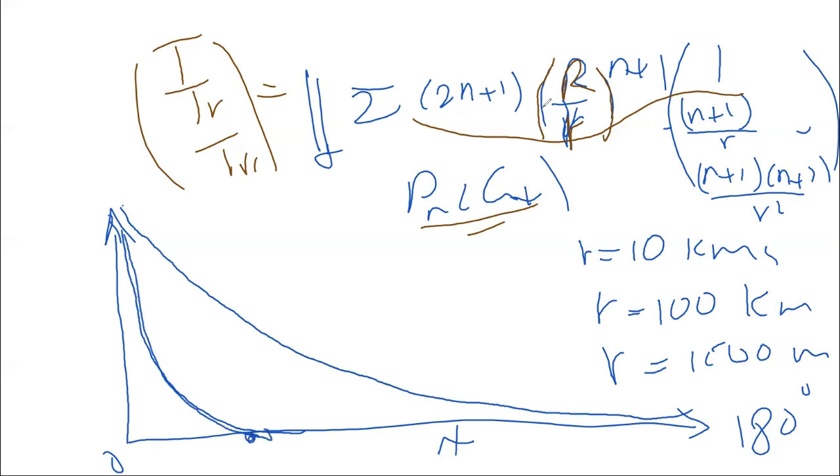Why? Because this large R is closer to small r, so this ratio will be very close to 1. It means that it will not kill frequencies.